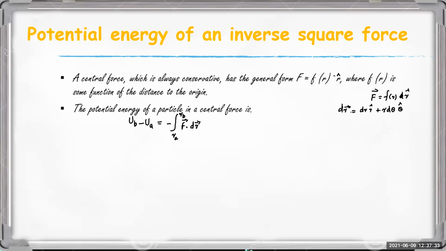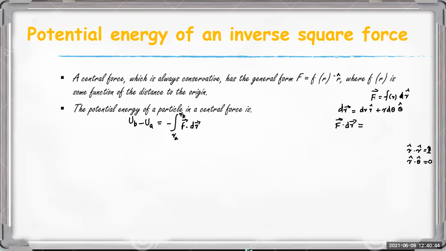Then if we find F dot dr, it can be obtained by substituting the value of F and dr. We know that r cap dot r cap must be equal to 1, and r cap dot theta cap must be equal to 0.